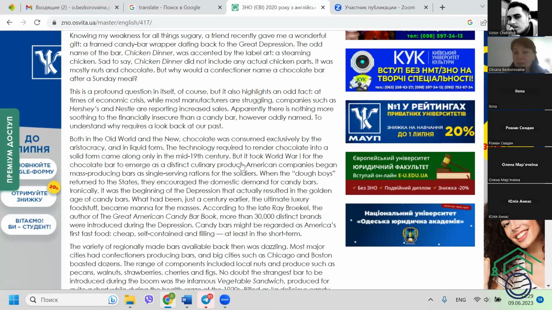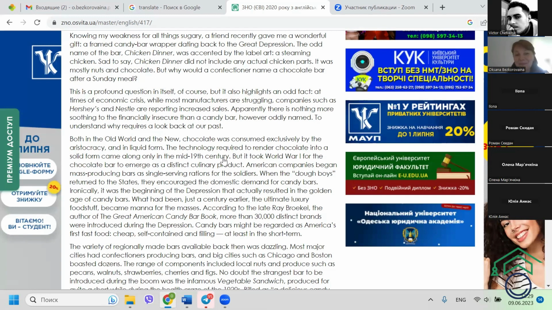Те, що батончик з'явився, так, але ж були, напевно, і цукерки. Попередні, давайте. The technology required to render chocolate into a solid form came along only in the mid-19th century. Пишуть, що з 19 століття він твердий.